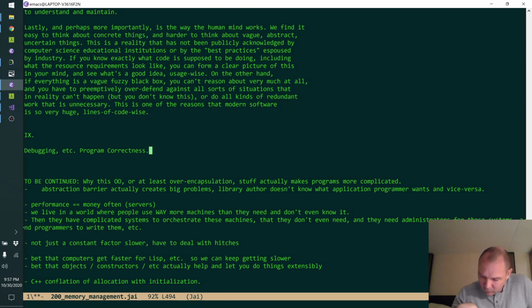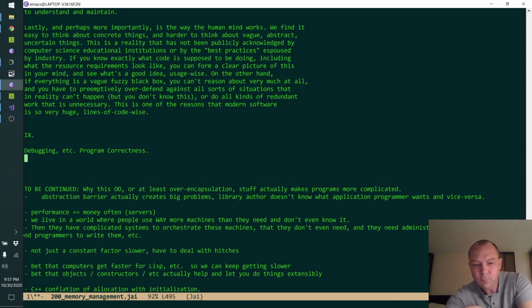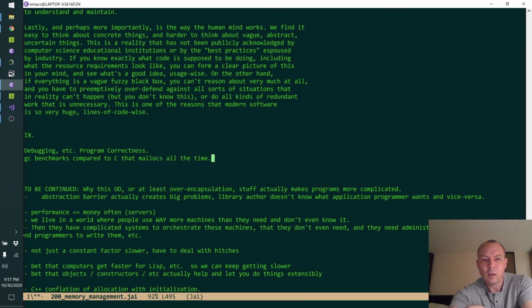And that the benefits of things like garbage collection are not as good as people say. Like, for example, when they say GC is fast, they say compared to C that mallocs all the time, right?